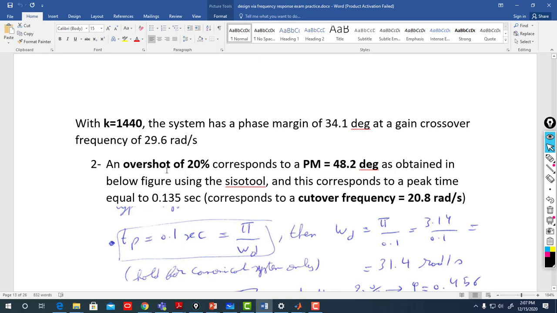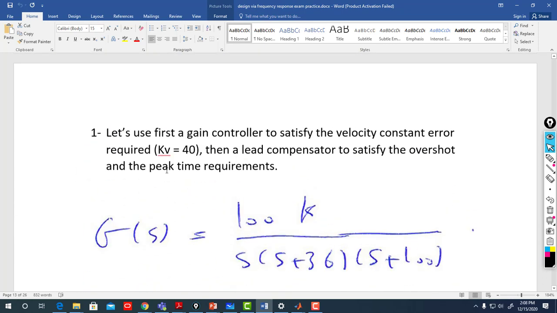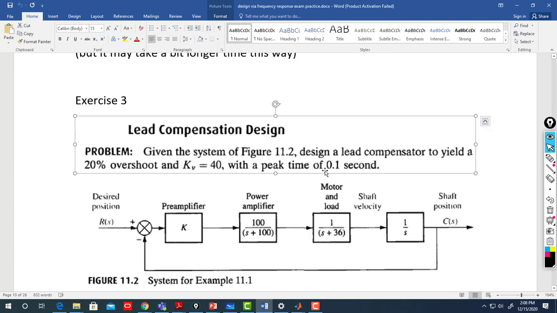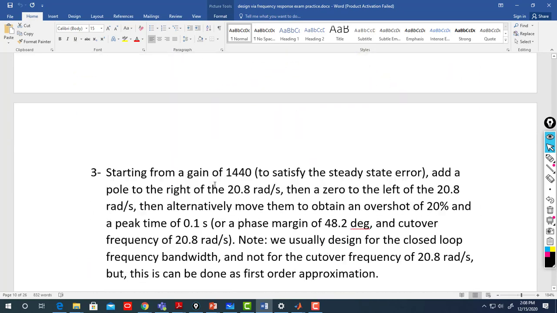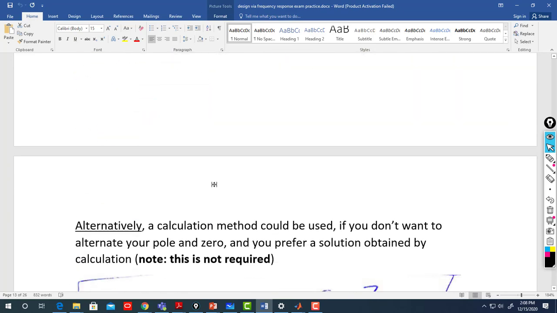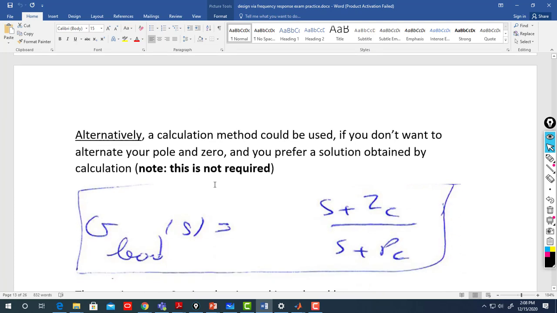Let's read the requirement again, with a peak time of 0.1 second. So I have it much smaller than 0.1 second. Okay, in our case.